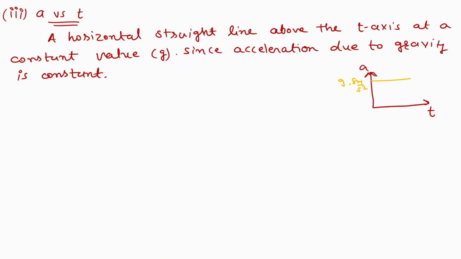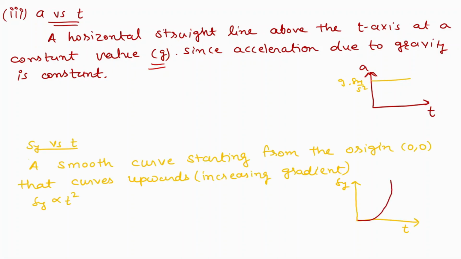Here a is constant throughout the motion, g is constant, so you can draw like this. Now if you want to draw Sy versus t, what is the distance versus time graph?